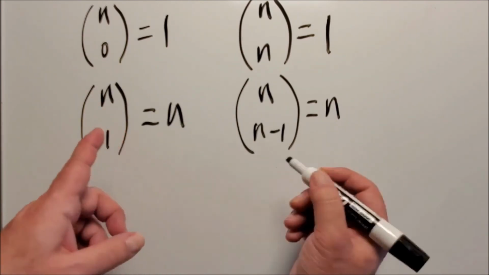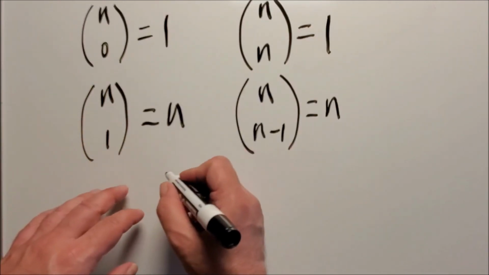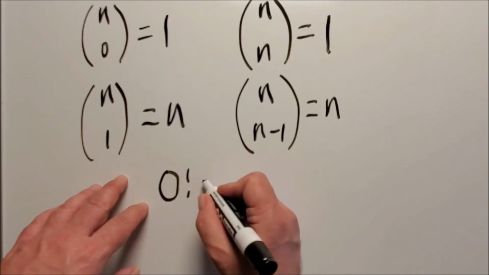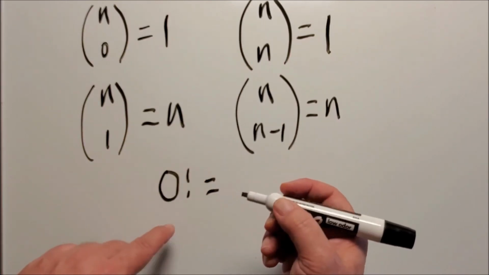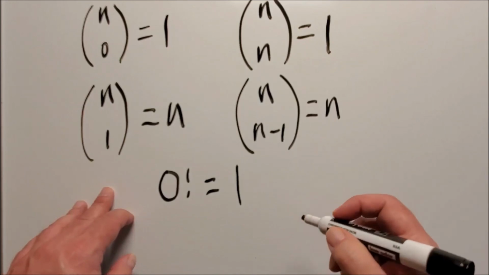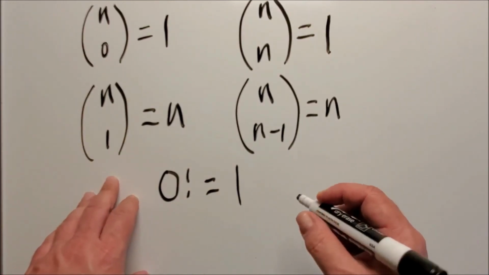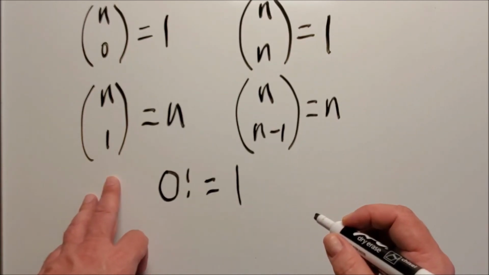You may not need it particularly for this exercise, but just because I ought not to leave it out, 0 factorial is, I'm tempted to say by agreement, but there's an actual reason for it. 0 factorial is 1. So 1 factorial is 1, 0 factorial is 1, which sounds odd, but it is the case.